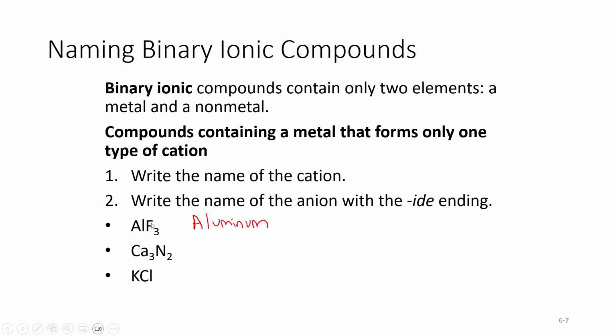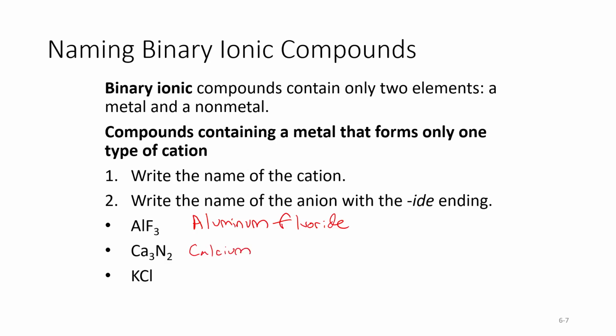So we're going to write that cation, aluminum. Then we're going to write the name of the anion with the IDE ending. So this F is for fluorine, but we're going to put the IDE ending, so this is fluoride. So aluminum fluoride. And I know I wrote those close together, but those are two separate words. For the next example, Ca is for calcium.